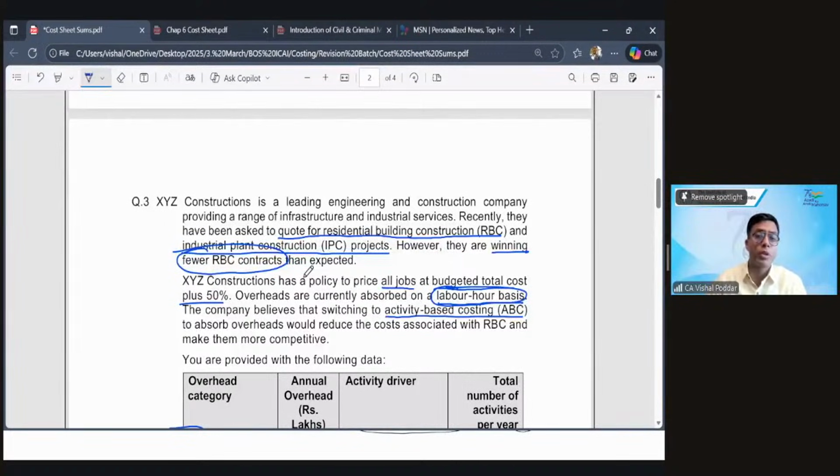Third reason for this could be that the company is not able to bring out a competitive advantage in the market. So many times in a scenario where there are multiple players, you get the contract where you have a competitive advantage, either in terms of your quality of work or in terms of something special, let us say you come out with new designs, new features in your project, some new amenities.